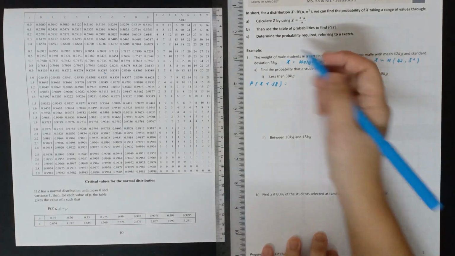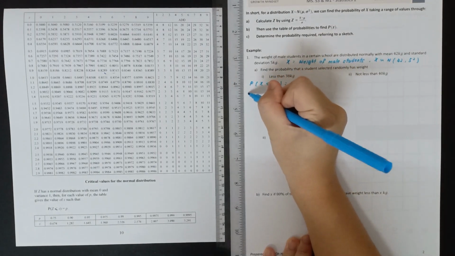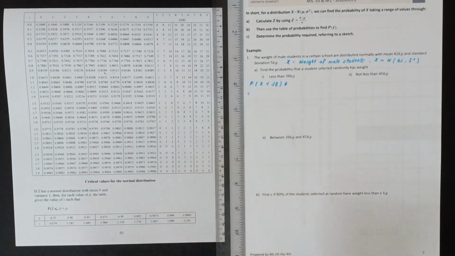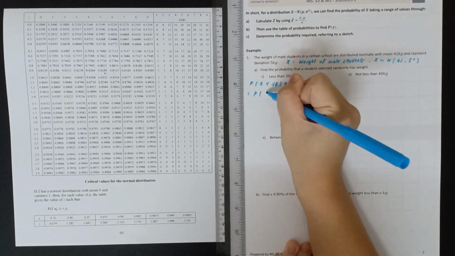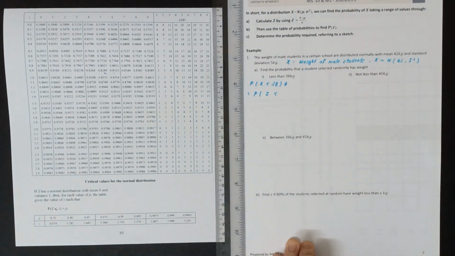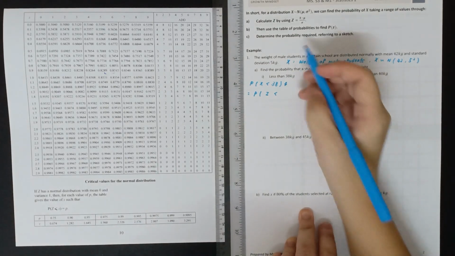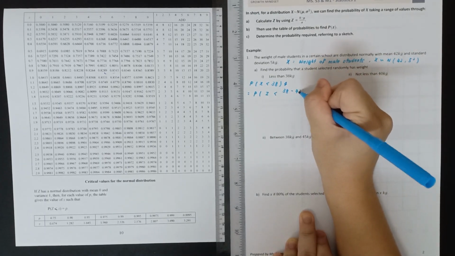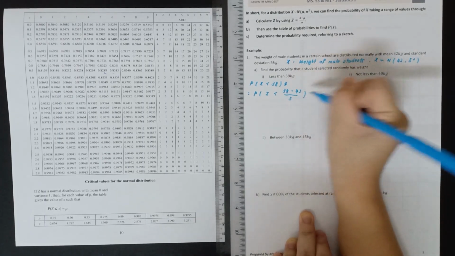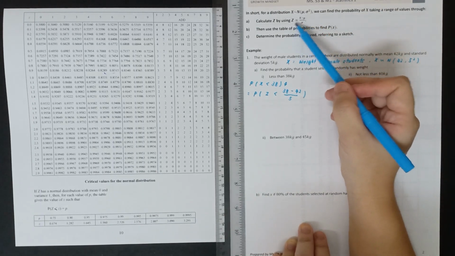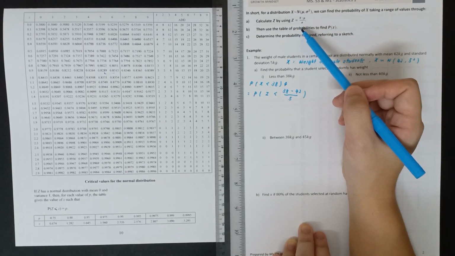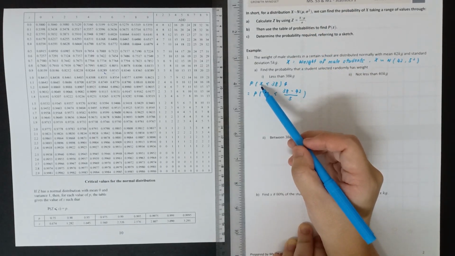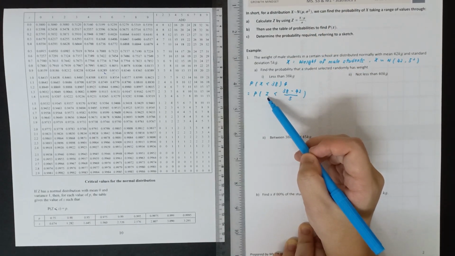So I change my random variable X into a standardized variable Z. P(Z < (38 minus our mean 42) divided by standard deviation 5). Just follow Z equals X minus mu divided by standard deviation.